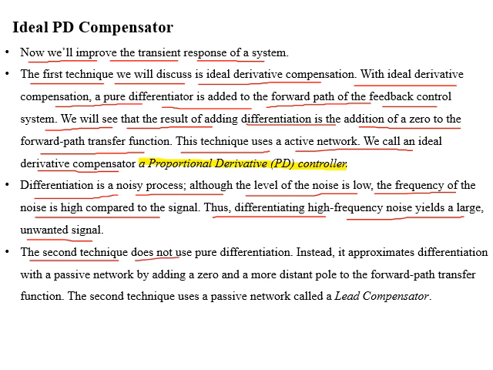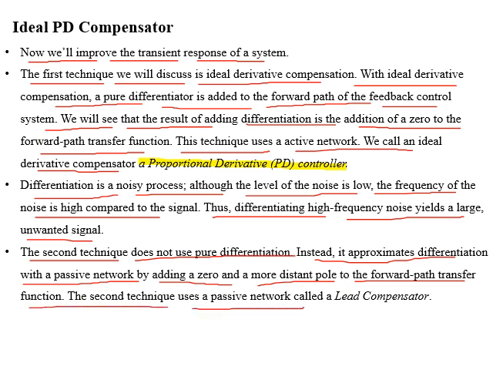The second technique doesn't use pure differentiation; instead it approximates the differential process with the help of a passive network by adding a 0 and a more distant pole to the forward path transfer function. The second technique, which uses a passive network, is known as a lead compensator.